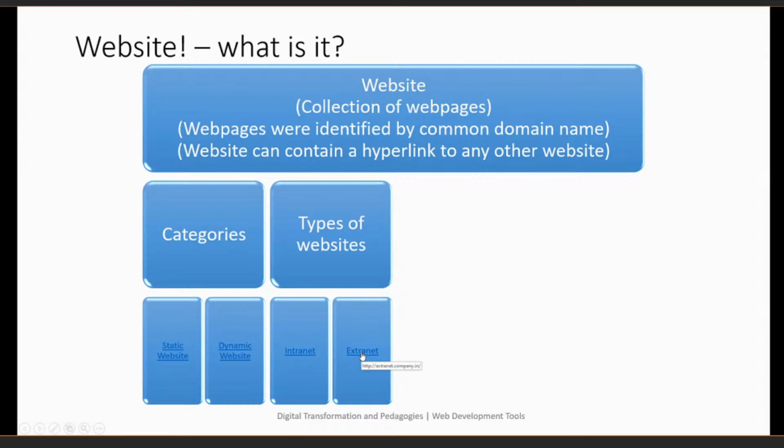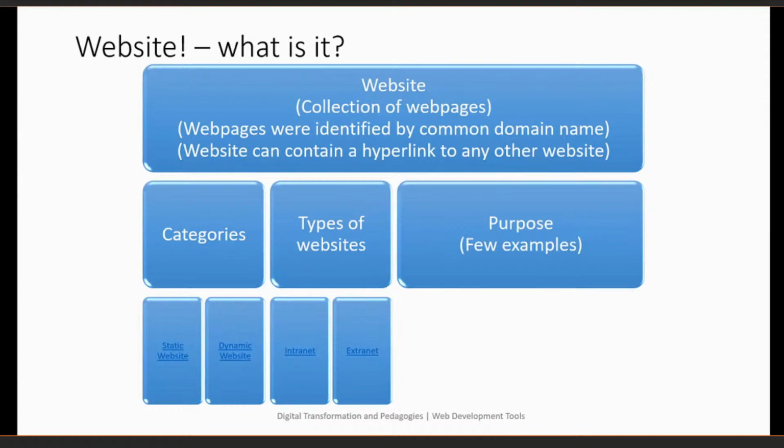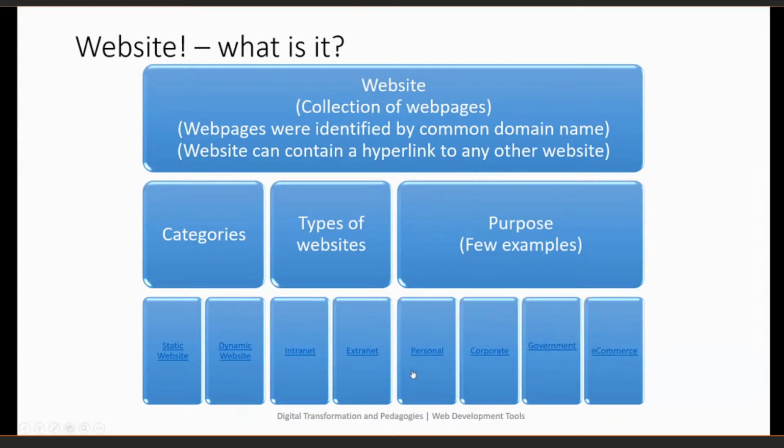I think we'll now dwell into a few examples around specific-purpose websites. There could be many, but I just thought of picking quite a few to differentiate between the websites. So, a classic example: the personal website.